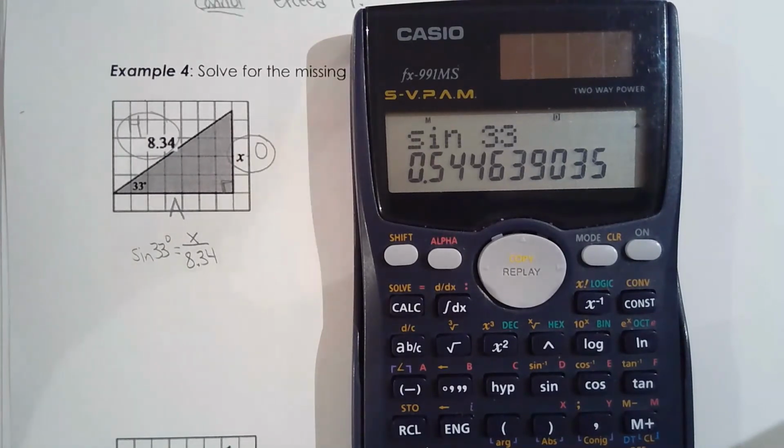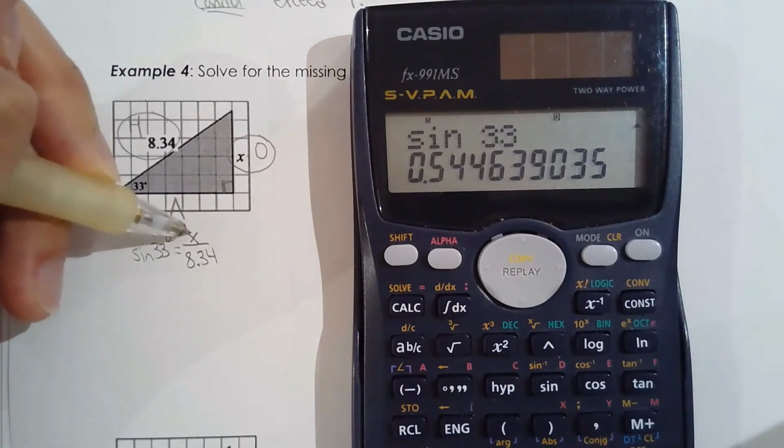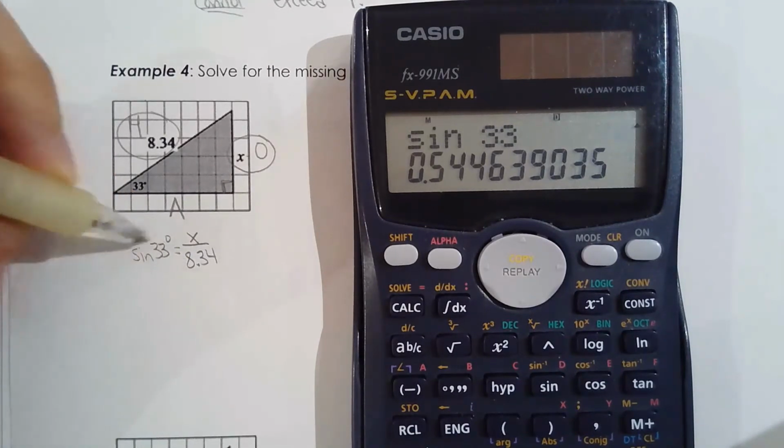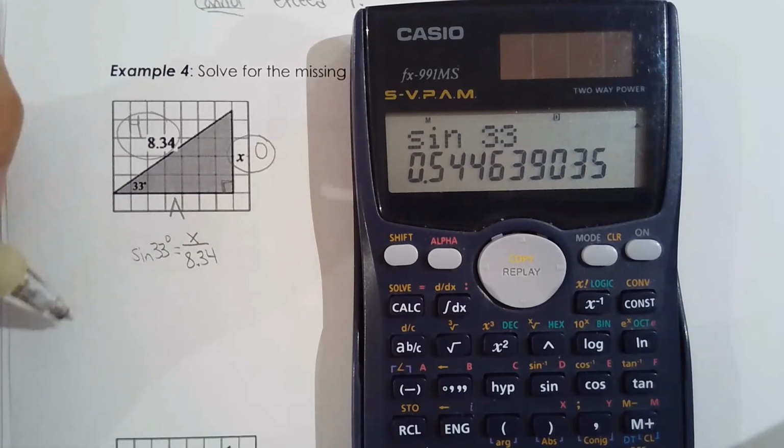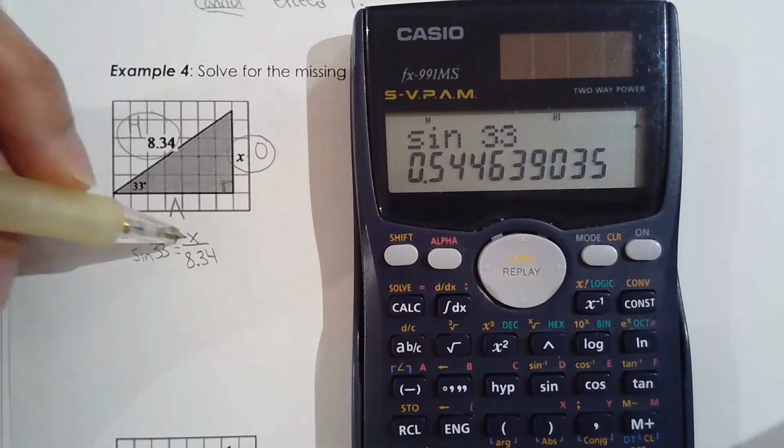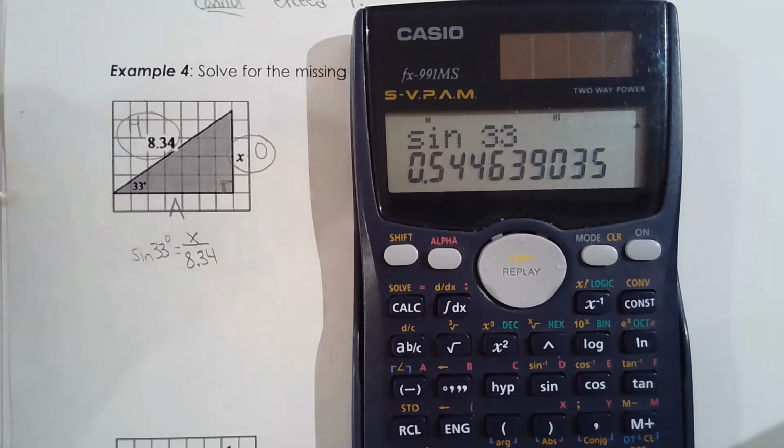I can solve for x because x over 8.34 must be equivalent to this ratio spit out by the calculator, which is about 0.54, because the triangles are similar. Okay, so that's what we were trying to get at on the first page. Because the triangles are similar, these two must be equal.